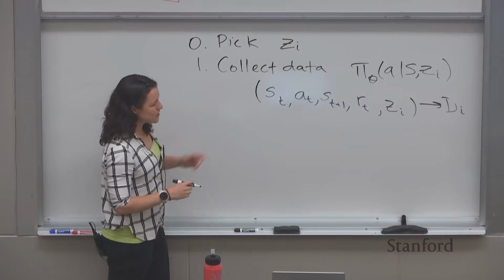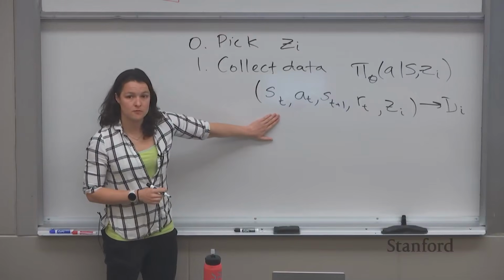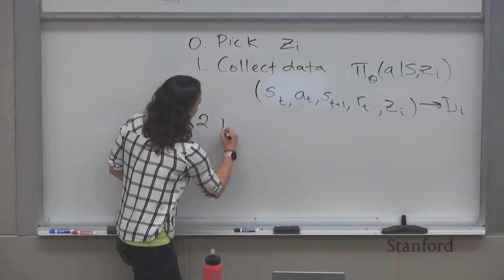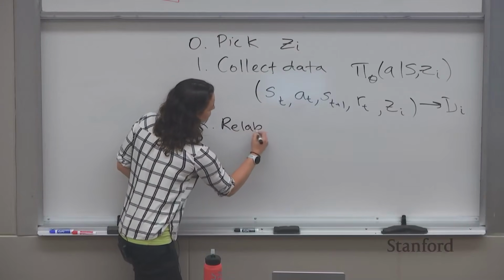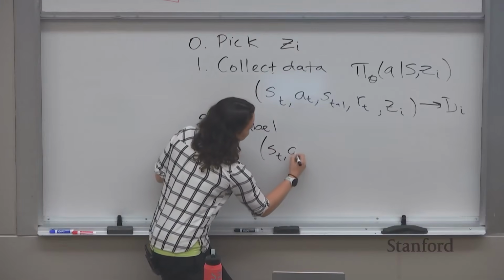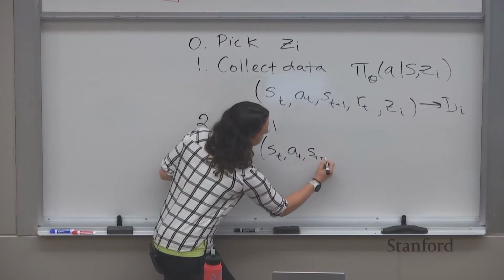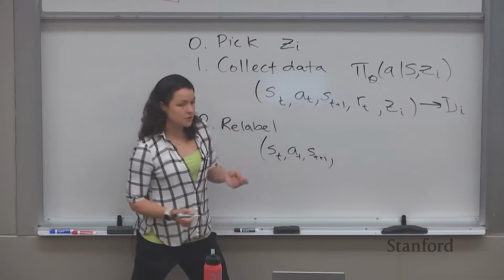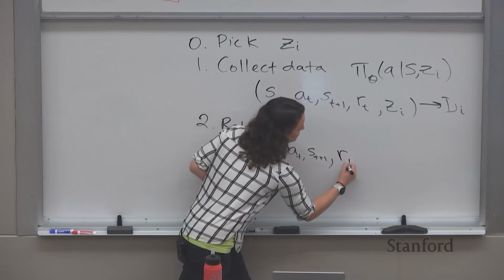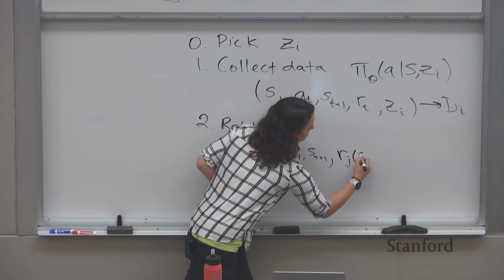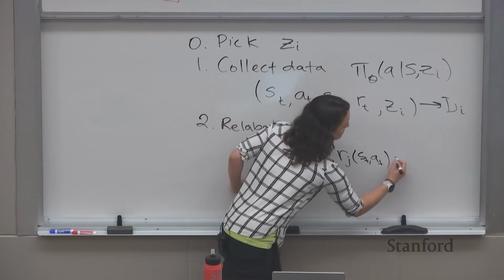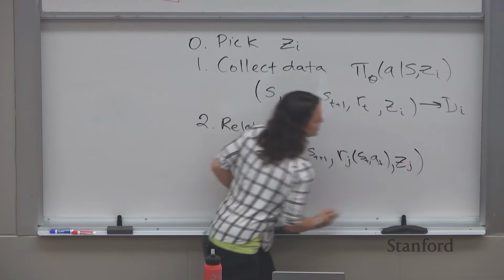And then we could potentially use this for another task as well. That's what I'm calling relabeling. We could consider this data, s_t, a_t, s_{t+1}, for a different task, maybe task j. The reward for task j would be r_j of s_t, a_t, and the task identifier for task j.